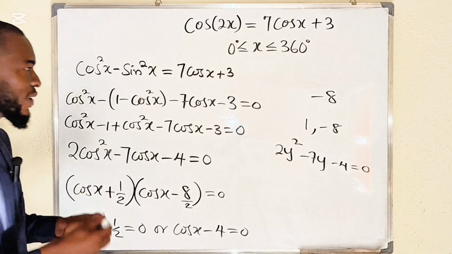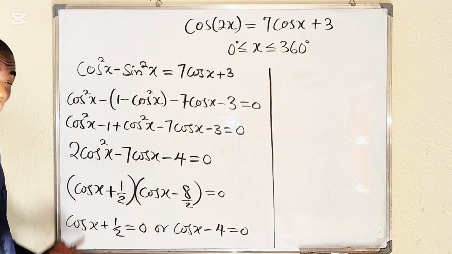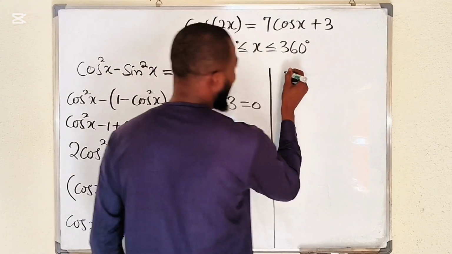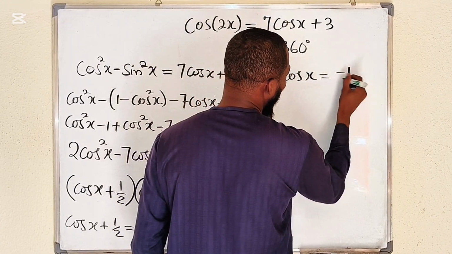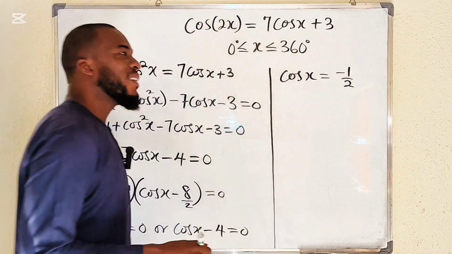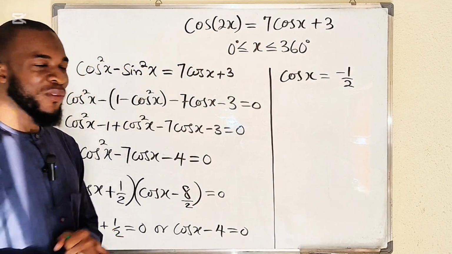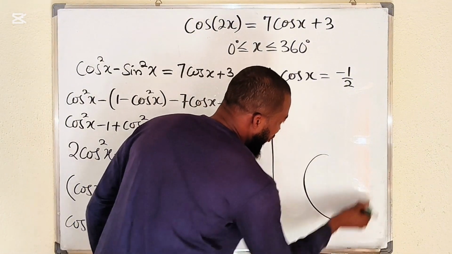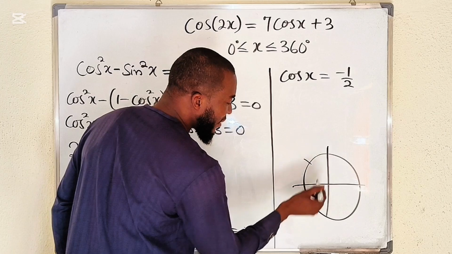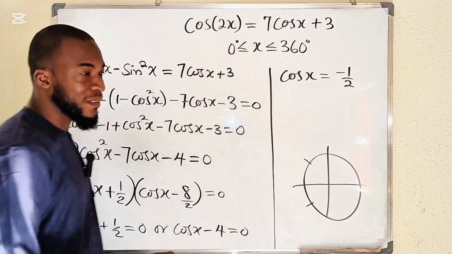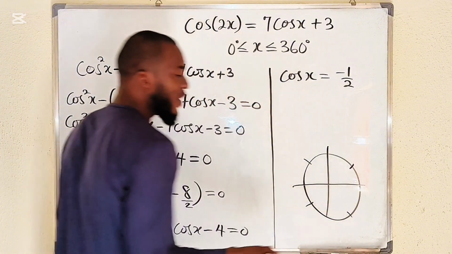So let's continue the other side. As you take 1 over 2 to the other side, it becomes negative. So we have cosine of x equal to negative 1 over 2. So the question is, cosine of what angle is actually negative 1 over 2? On our unit circle, remember that cosine is negative in either the second or third quadrants, but it is positive in the first and the fourth quadrant.